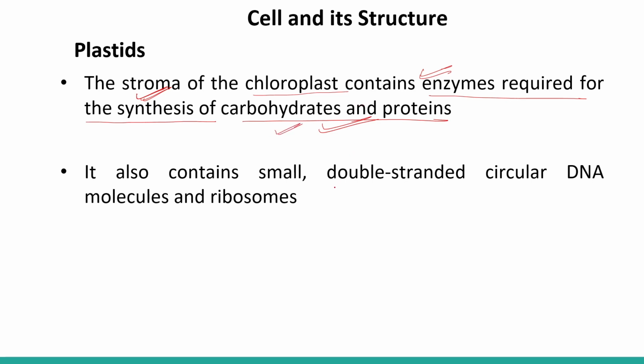It also contains double-stranded circular DNA, like the DNA present in mitochondria. So the chloroplast also contains double-stranded circular DNA and ribosomes. Here also the ribosomes are 70S type, as in prokaryotes.